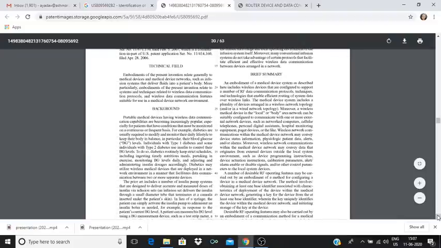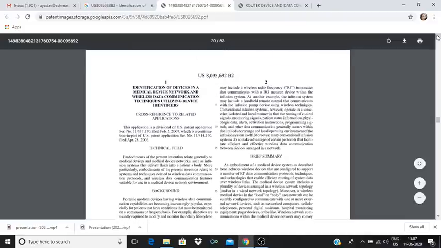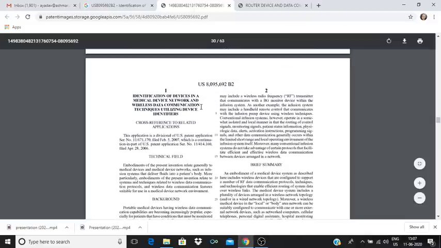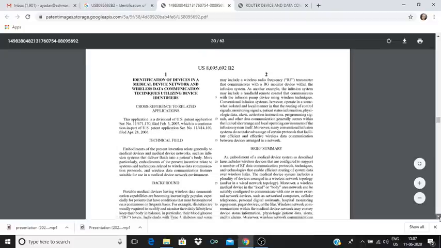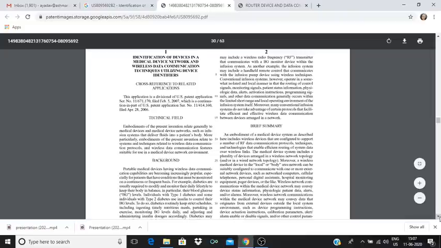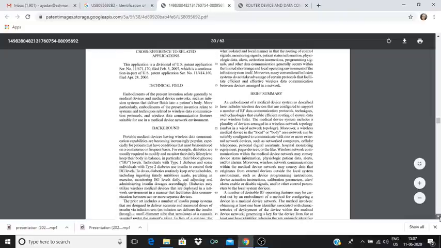So if you come here, let's go to the parts of this particular specification. This is the title that we have already talked about. Then there's the field of the invention. The field of the invention is a statement of the area to which the invention pertains, the technical field. Then we have a background section.